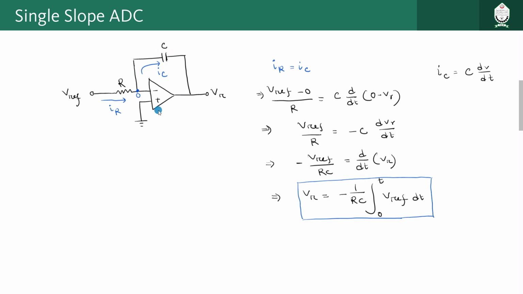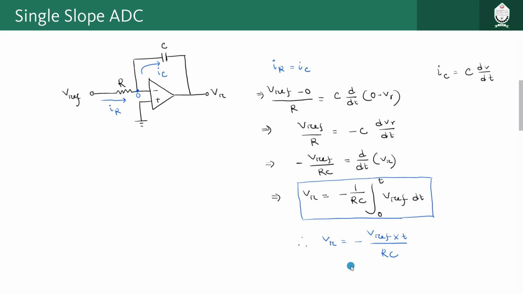So this is an integrator, and you can understand if you try to solve that, the output value should be what? VR should be equal to Vref into T divided by RC. This is the final value we are going to get, right?